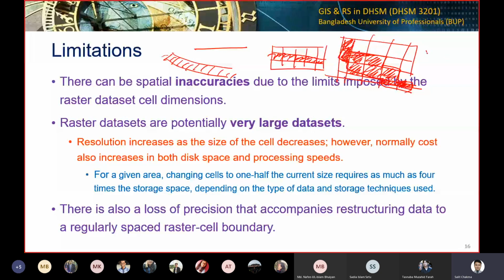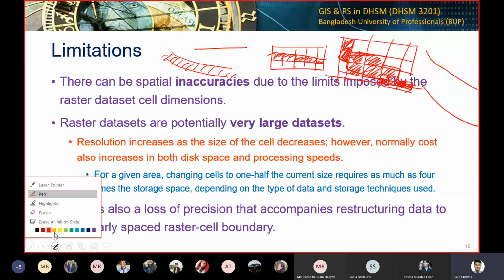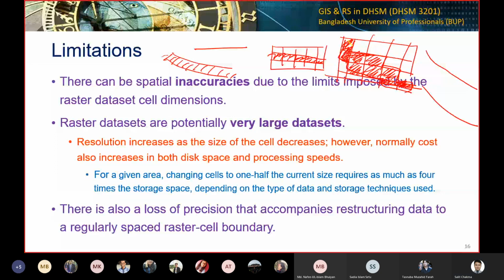It's going to smooth out like something like this. Okay, because it needs to go through and contain all these pixels. So that's why it draws a line like this, which in reality is not like that.